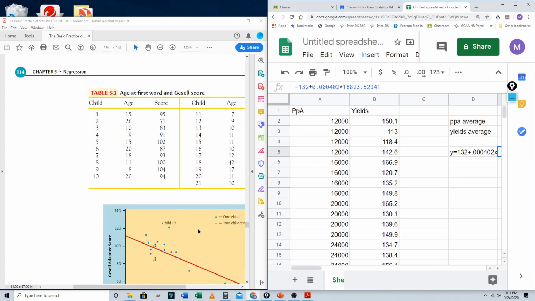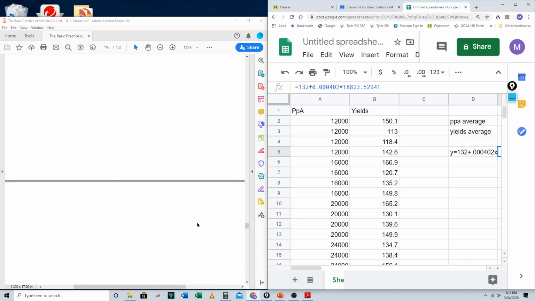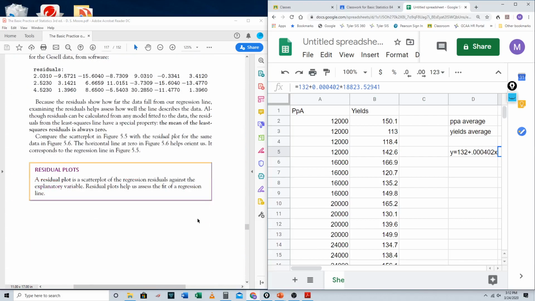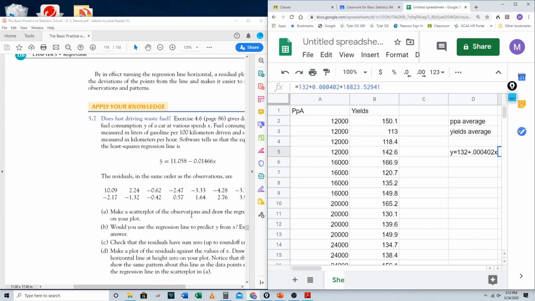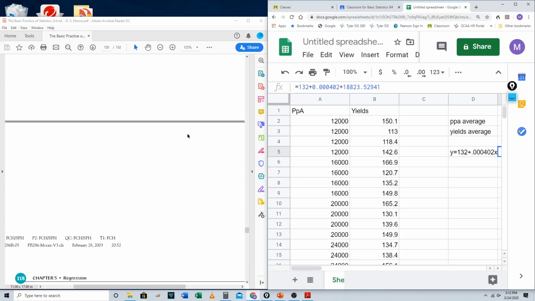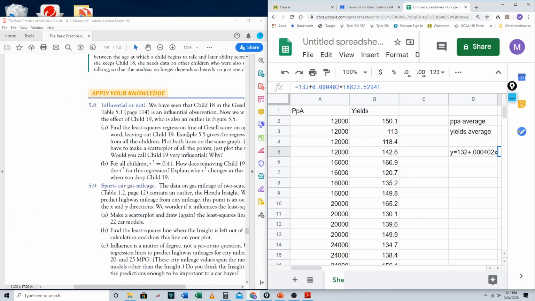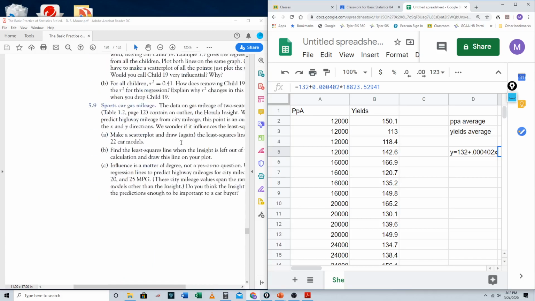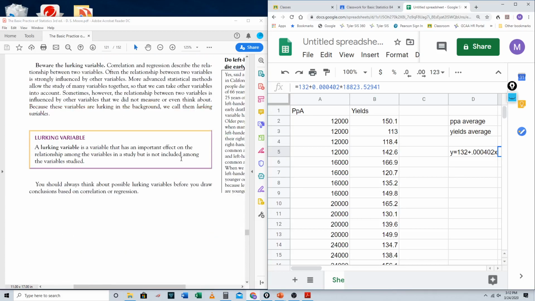Residuals, I'm not going to really concern myself too much with residuals and residual plots. I'm not going to have you guys do residuals and residual plots. So we're going to move on to the homework and tell you what the homework is so you can get started on that. So this is applying knowledge.